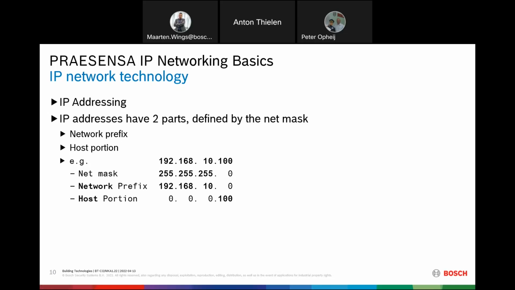That's your network. And then this part is your host. So you can have up to 255 addresses for the host. Of course, there is some restriction on the upper or the lower part where you need to have a gateway address. But in principle, you have this range of 255 hosts which you could address.